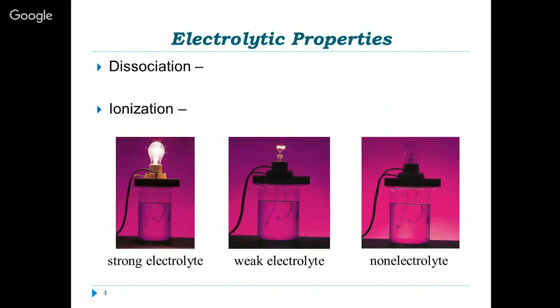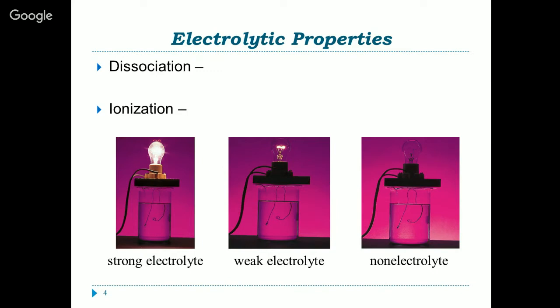So we can look at electrolytic properties, and electrolytic simply means the ability to conduct electricity. If you're an electrolyte, it means that you can carry a current in a solution. And the way that this happens is through dissociation, which simply means that there are bonds that are being broken during the process of dissolving a solute.